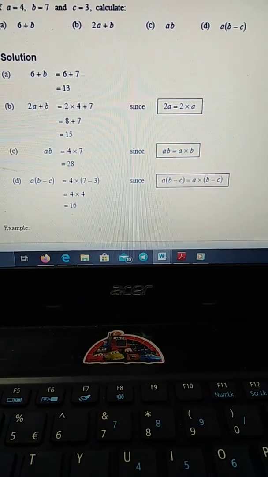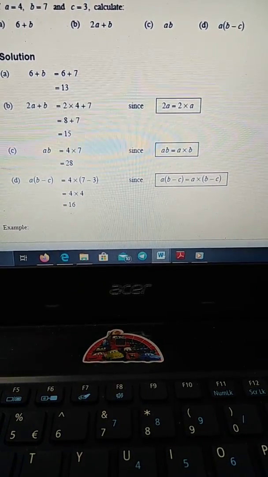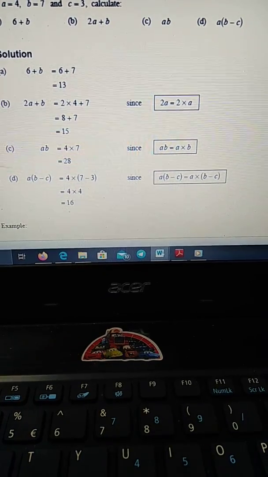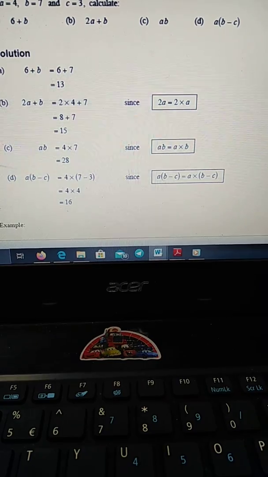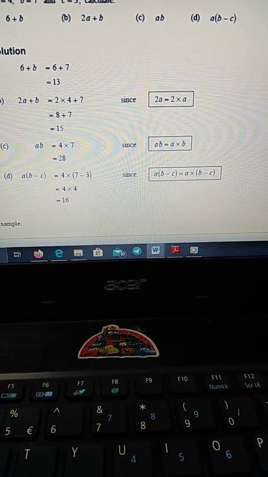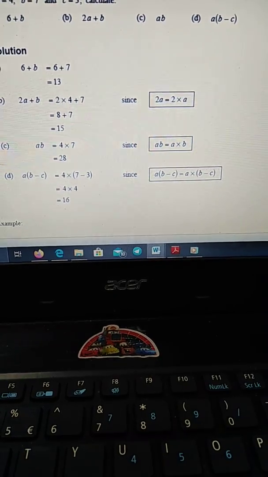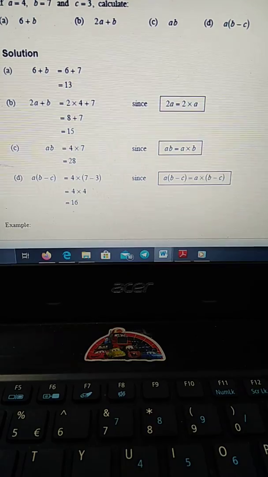Follow your BODMAS. So 4 times (B minus C). Complete the B minus C, which is 7 minus 3, and then you multiply with A, which represents 4. So 4 times 4 is 16.